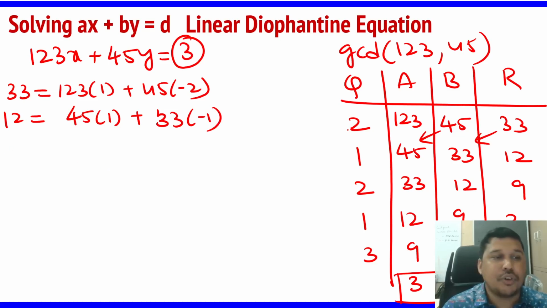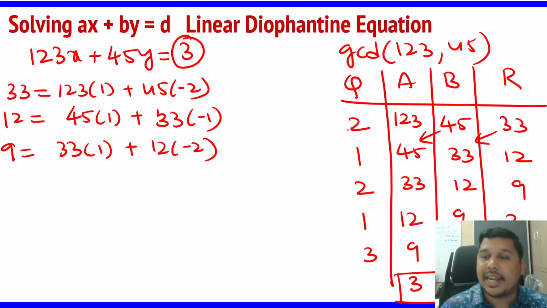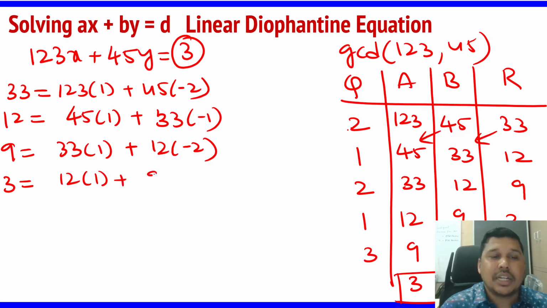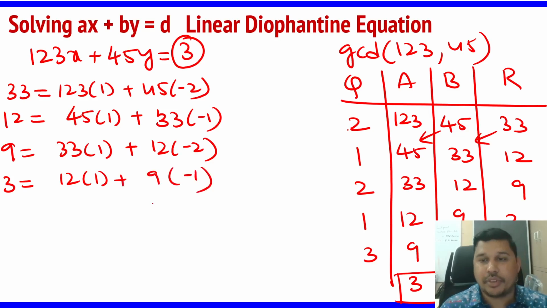Next, for 9: 9 is equal to 33 into 1 plus 12 into minus 2. Same way, the equation for the final value 3: 3 is equal to 12 into 1 plus 9 into minus 1. So I wrote these equations, till the non-zero remainders, like this.